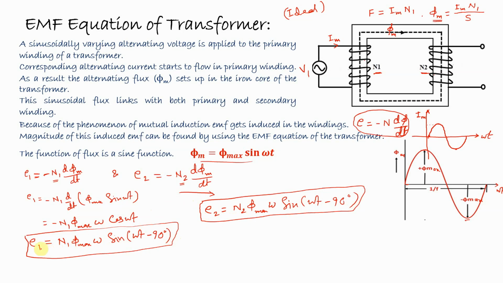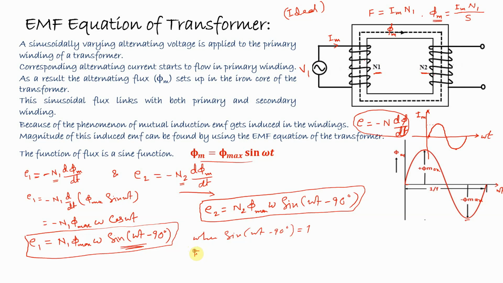We know that the instantaneous EMF, which depends upon the time t, will be maximum when the sinusoidal term is maximum, and the sine will be maximum when it is equal to 1. So when sine of omega t minus 90 degrees is equal to 1, the value of E1 will be maximum. That means the induced EMF will be maximum.